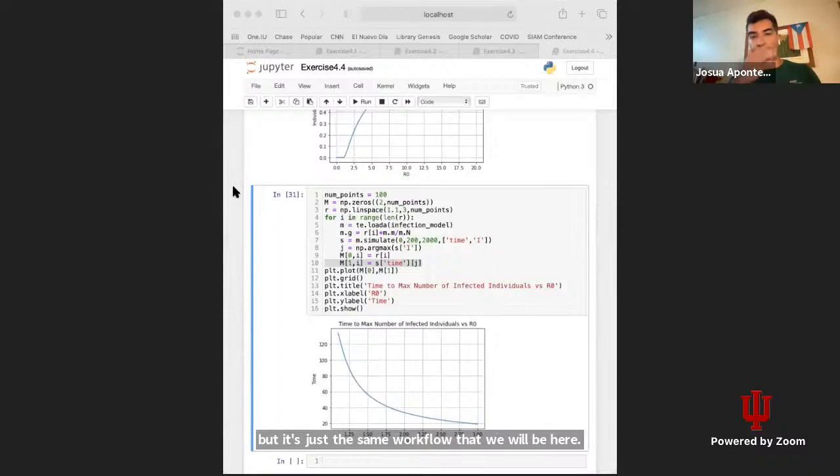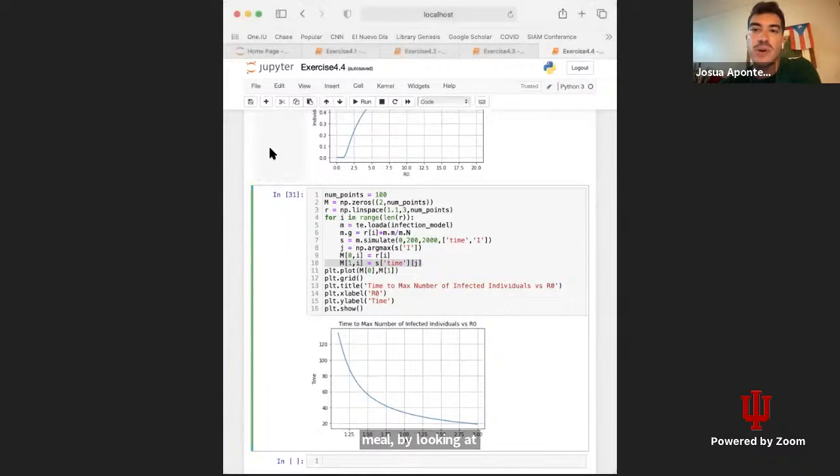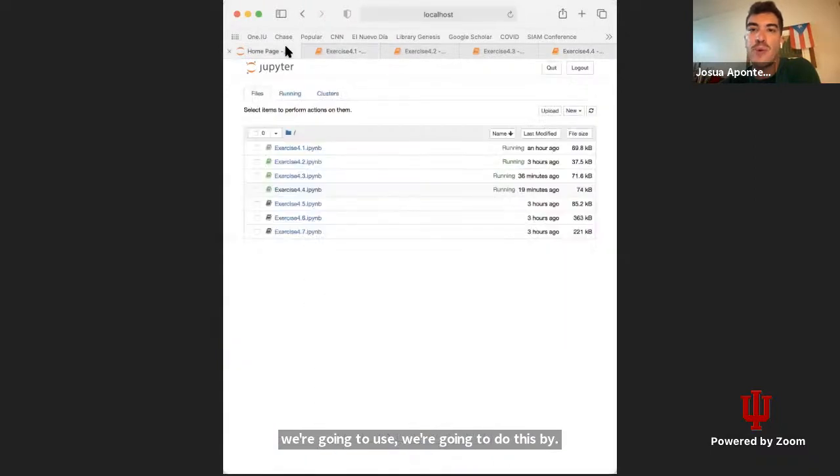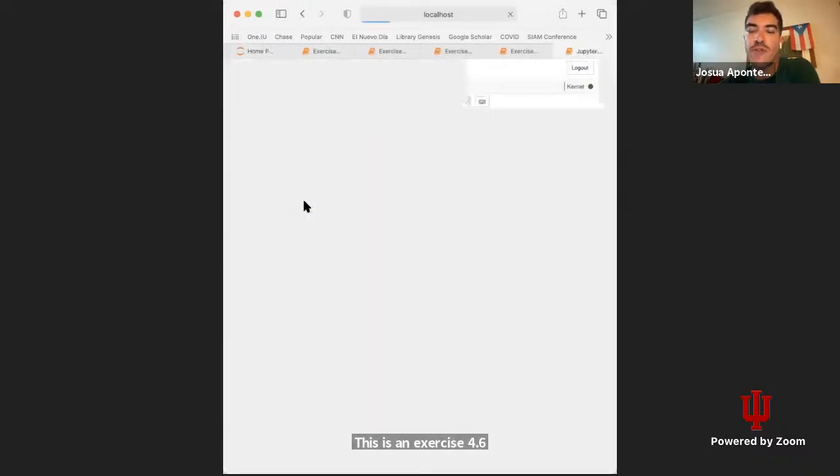Okay, so in the first part, we will be estimating mu by looking at the tail of the active cases data. This is in exercise 4.5.